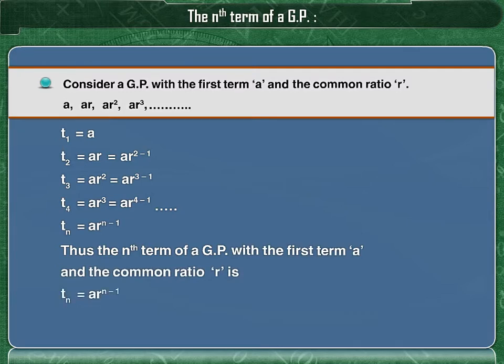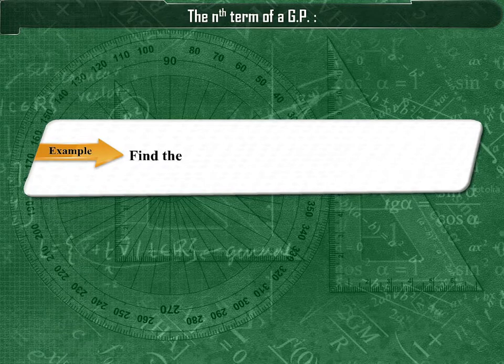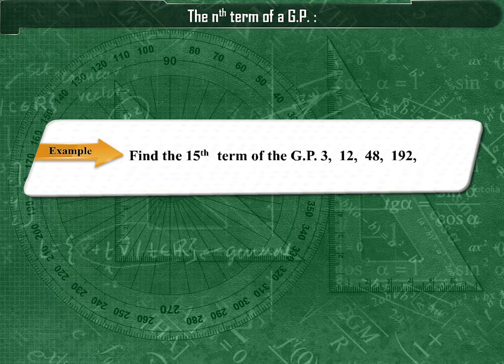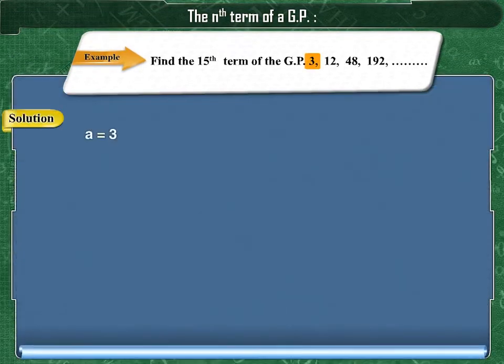Let us now solve an example by using the formula Tn is AR raised to n minus 1. Find the 15th term of the GP 3, 12, 48, 192 and so on. The first term A is given as 3 and the common ratio R is 4. We know the formula Tn is AR raised to n minus 1.